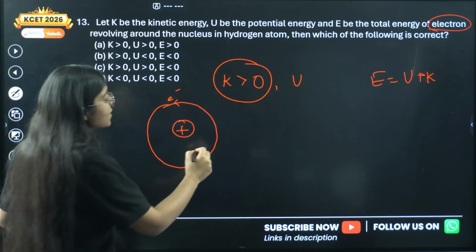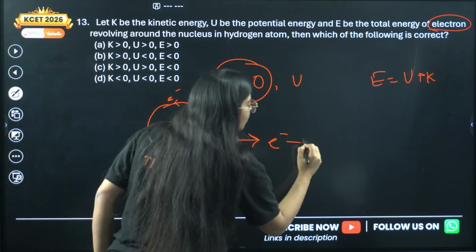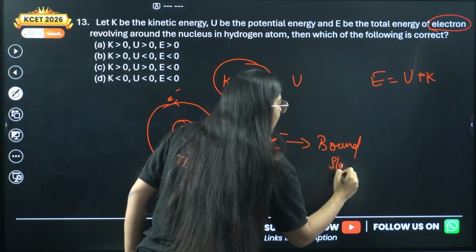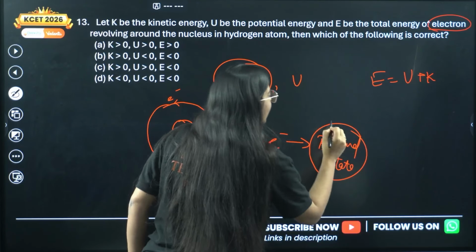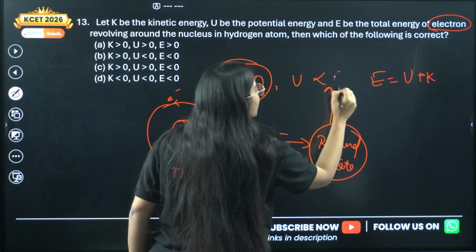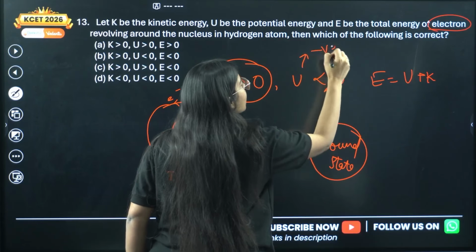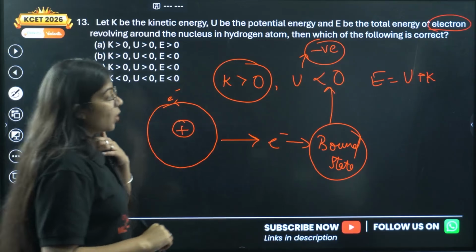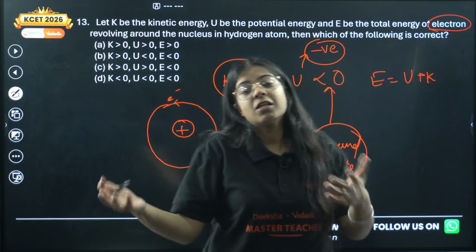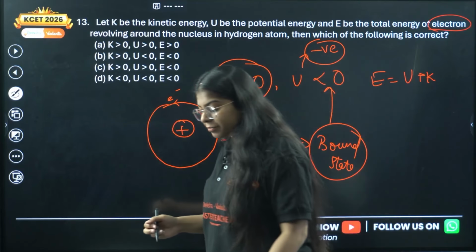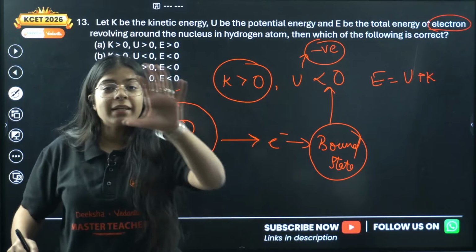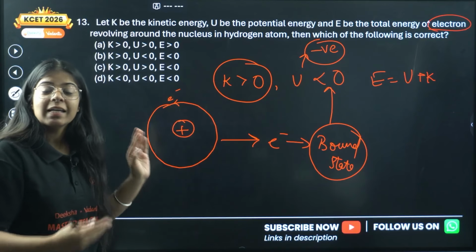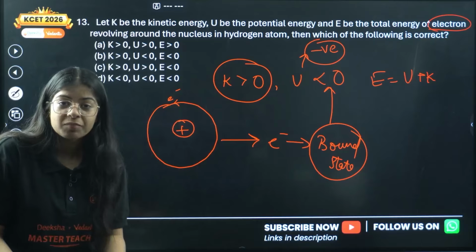Since this electron is in a bound state, we know it has a negative potential energy, correct? Now what about total energy? Kinetic energy is positive, potential energy is negative. The net result of this whole process is what? The electron is still bound, correct?